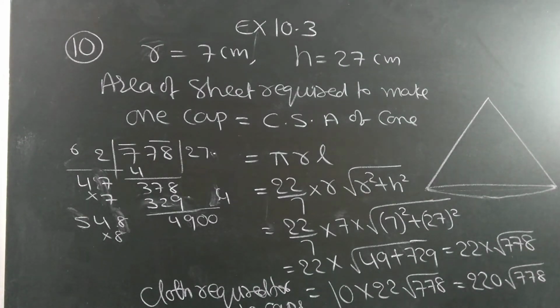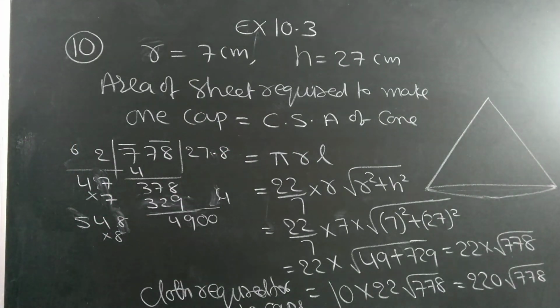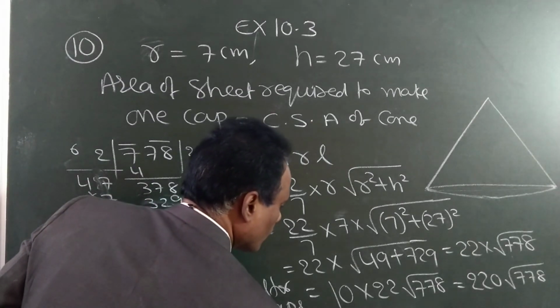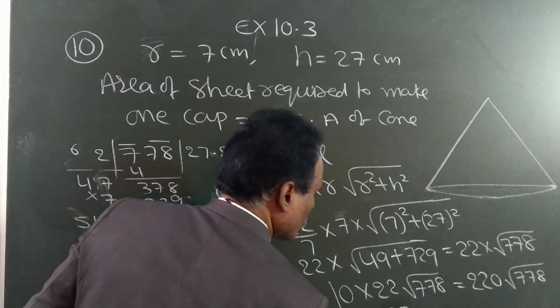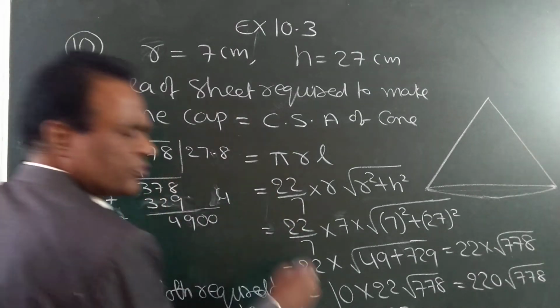Find the square root. 8 times you do. One more number, if you take, it will be exact.